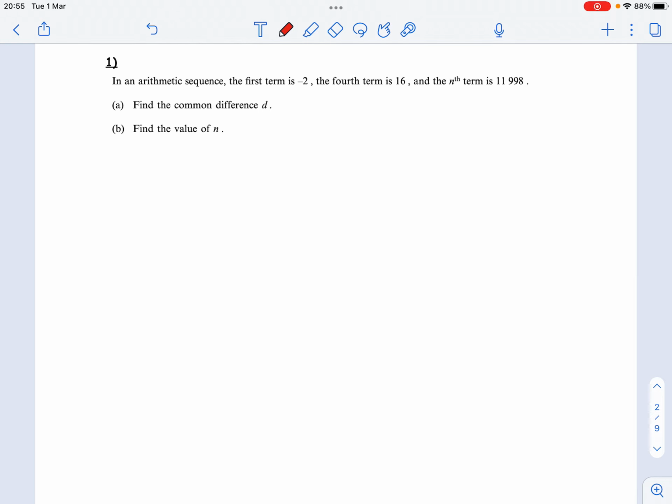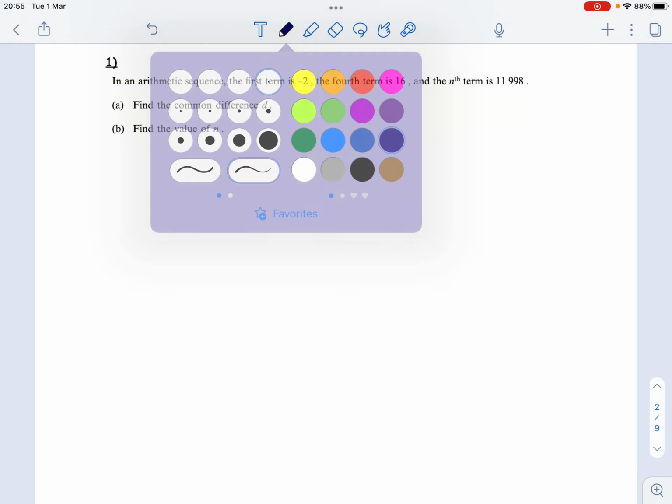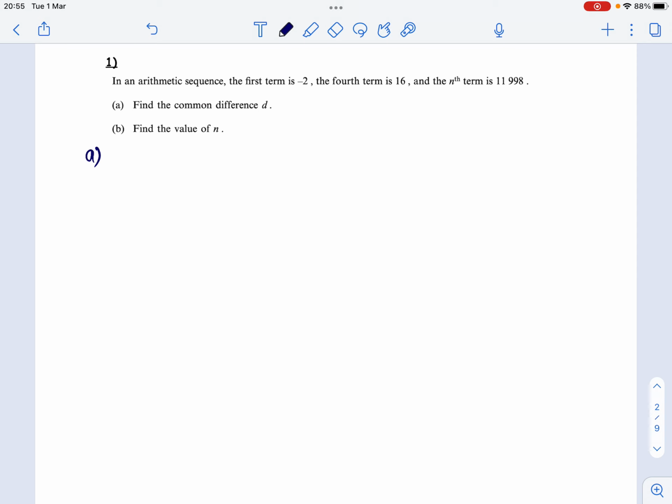Let's start with the first part, A. What is given? First we will write that down. First term is minus 2. As we are aware, the first term is denoted by u1.